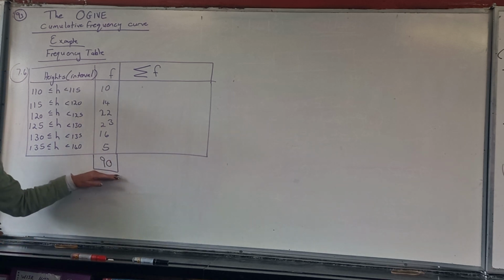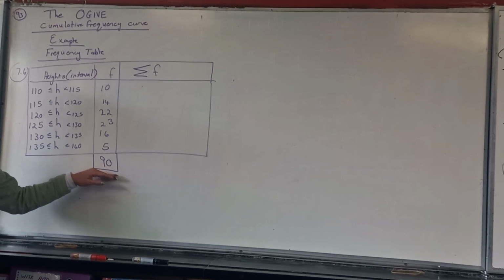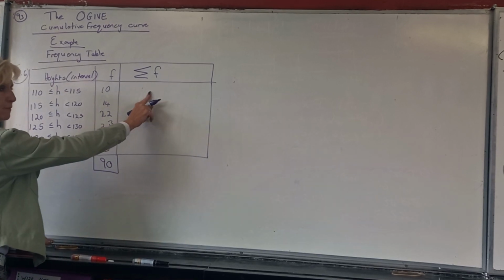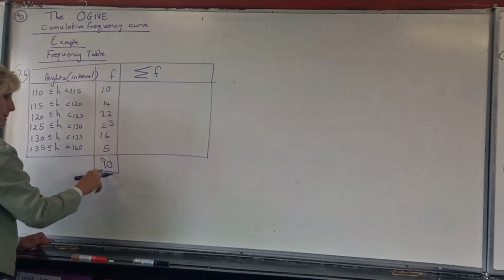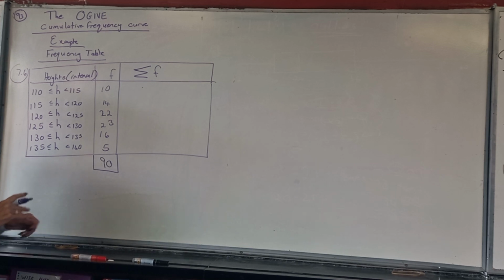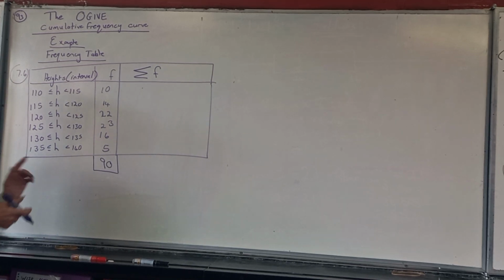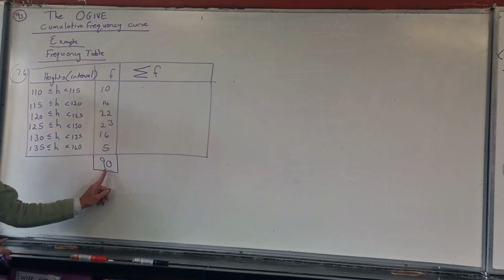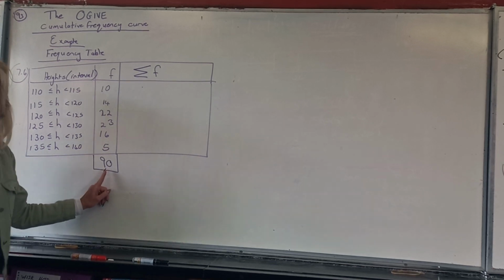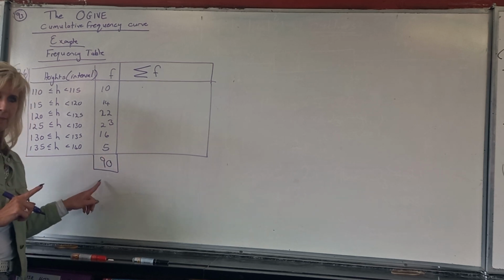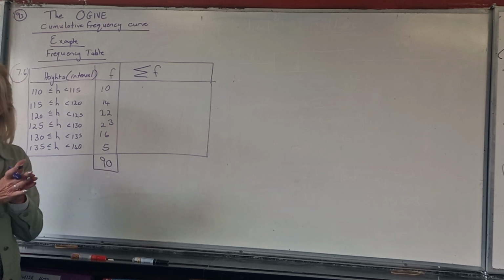So there were 90 boys, say grade 9 boys. To do the cumulative frequency, I want to know where's the middle of these 90. That is when I'm looking for the median. Which would be the median of 90 of them? Between 45 and 46, because 90 is an even number.